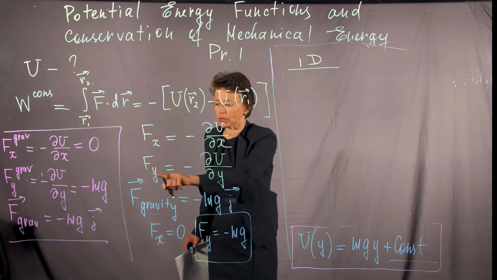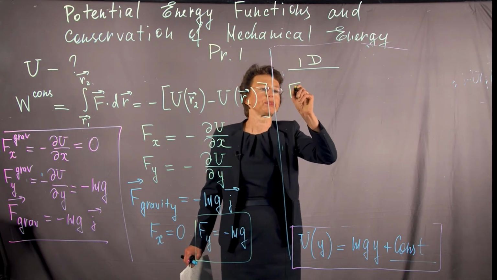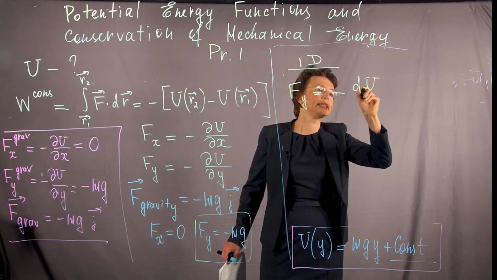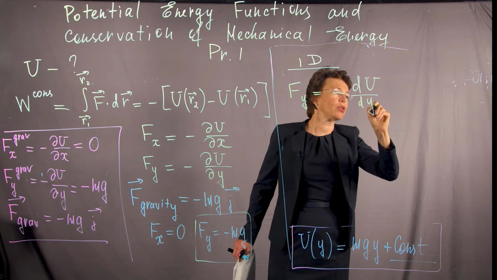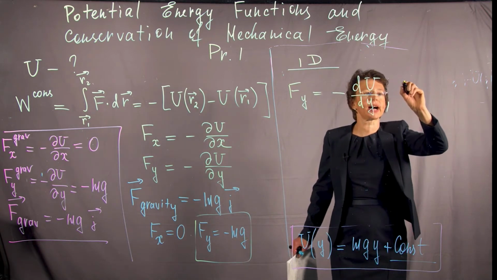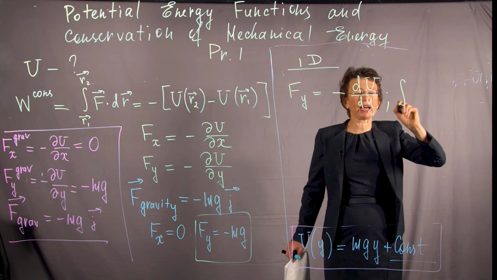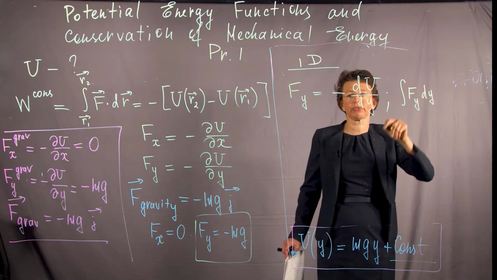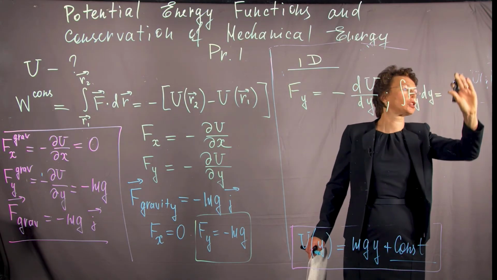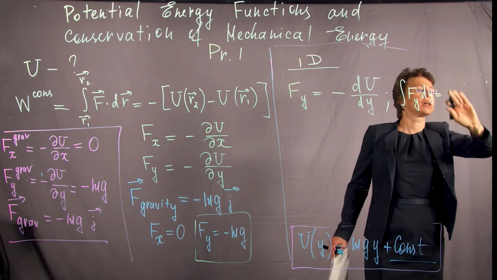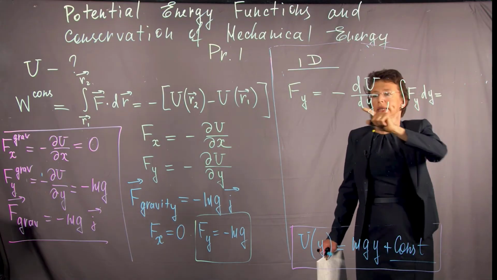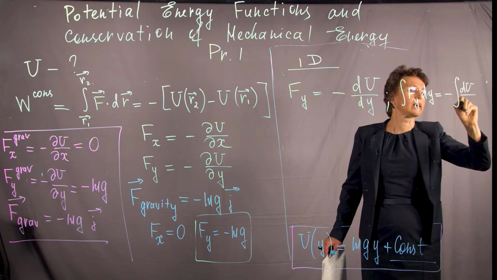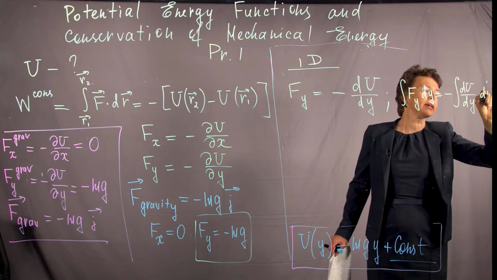My first line will be Fy equal to minus du dy. Now, if I integrate both sides of these equations with respect to dy, I will have integral of Fy dy, and this is indefinite integral, is equal to, I didn't erase this well, is equal to minus integral du dy.